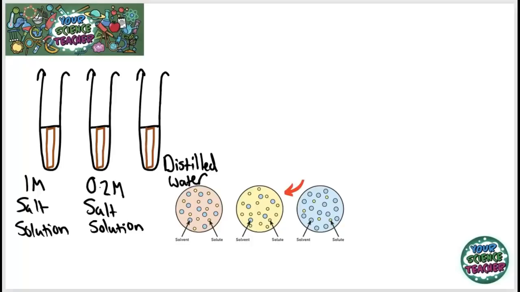Now here we have distilled water, which is my hypotonic solution. Hypotonic means that the solute is in less concentration. The solute could be salt or it could be sugar; it doesn't really matter. I've used a salt solution here.